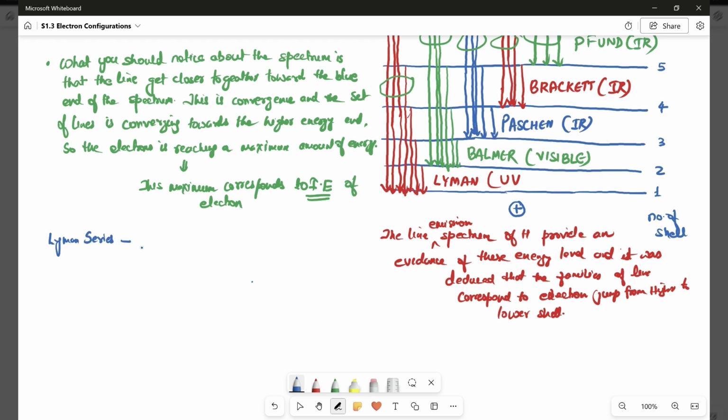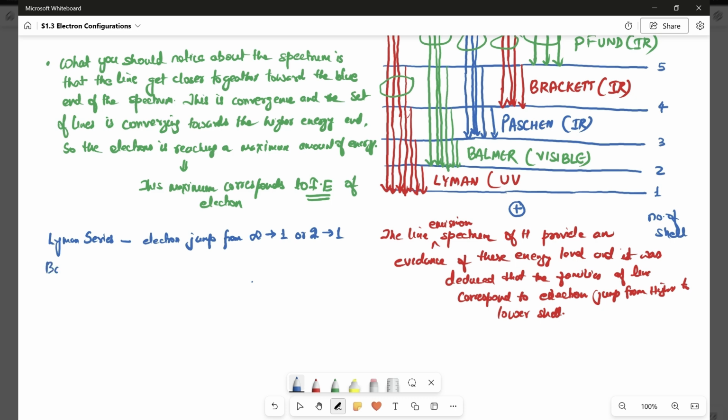It's a series of energy or frequency generated when an electron jumps from infinity to 1, or 2 to 1, or 7 to 1, or whatever.